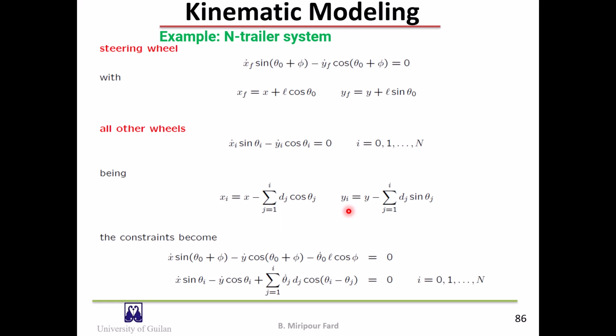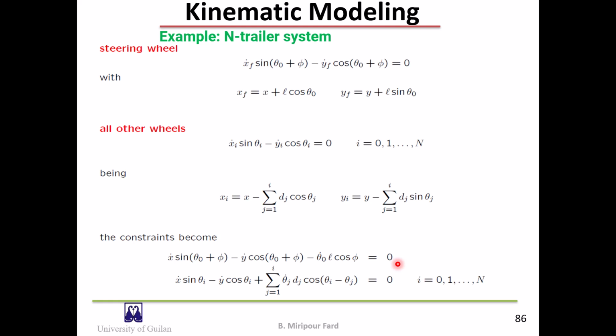The no side sliding constraint of a steering wheel will be as can be seen in this slide. For other wheels, the no side slipping is written as you can see here, and using the geometrical constraints with these relations, finally the constraints are written based on the generalized coordinates.